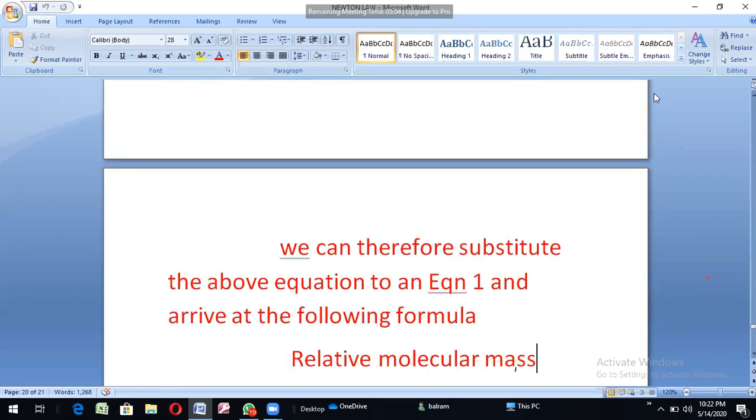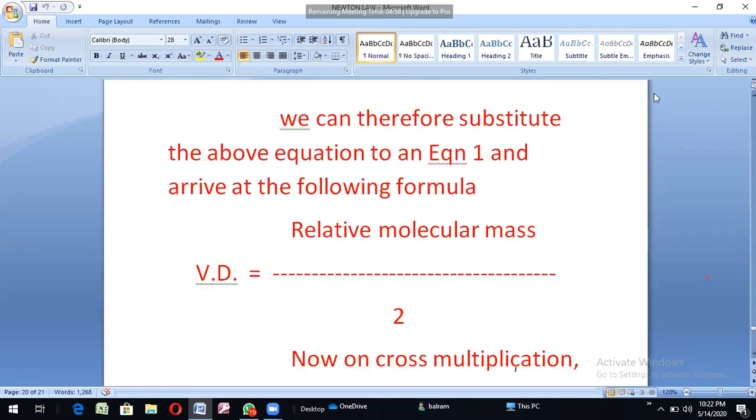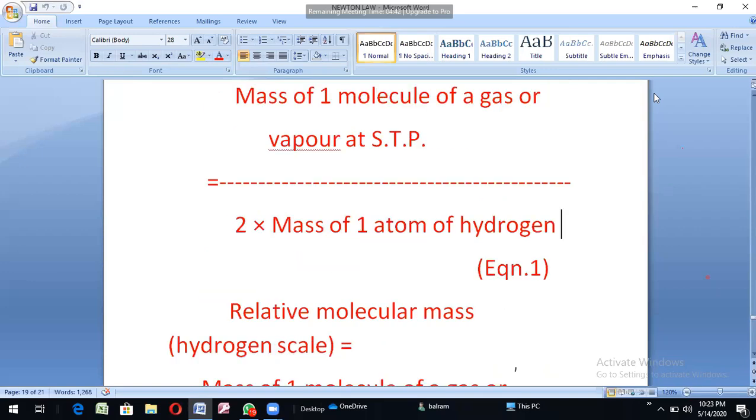Now we substitute equation 1. So for relative molecular mass, we write the mass of one molecule of gas or vapor at STP into the mass of one atom of hydrogen.